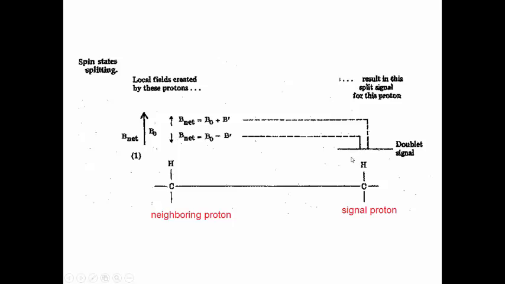One of these hydrogens we'll regard as the signal proton. The other hydrogen we refer to as a neighboring proton. The proton on the carbon adjacent to the carbon bearing the signal proton is in fact called a neighboring proton.